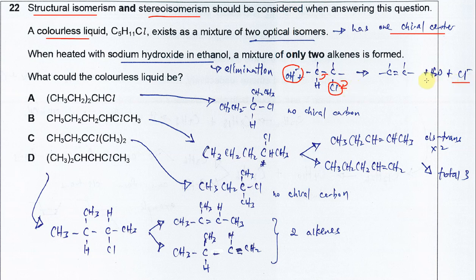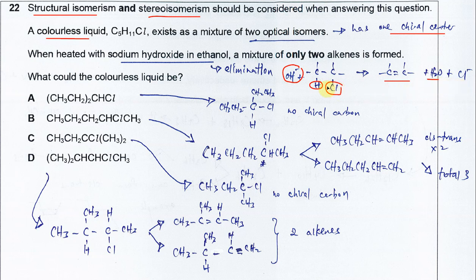So it will form three products: the alkene, H2O, and the halide. The important point is the elimination must happen when the halogen, the chlorine in this case, is removed with the H. It does not really form HCl; the H here will form H2O, and the chlorine will form chloride.